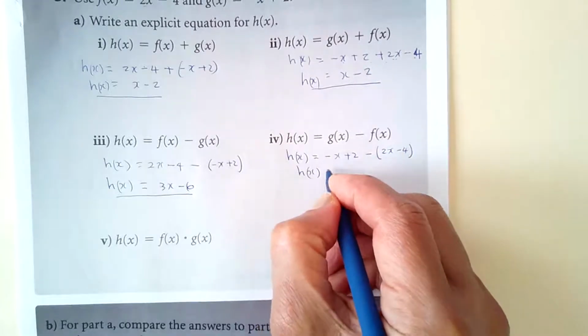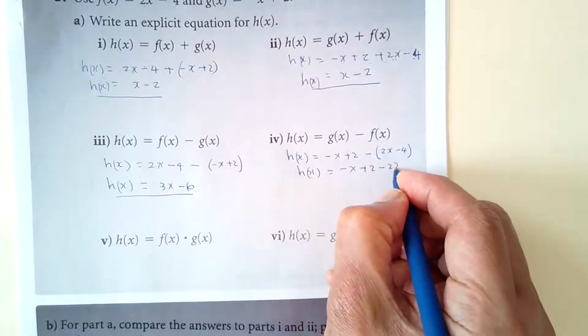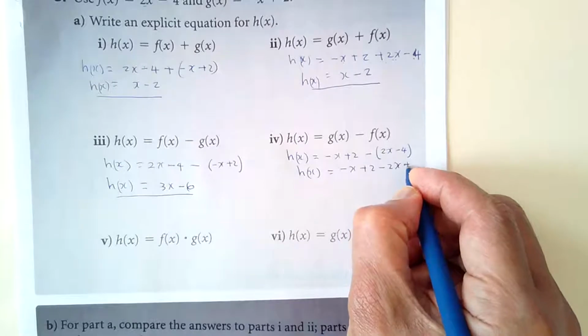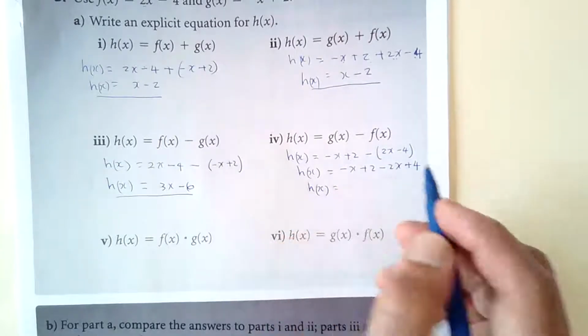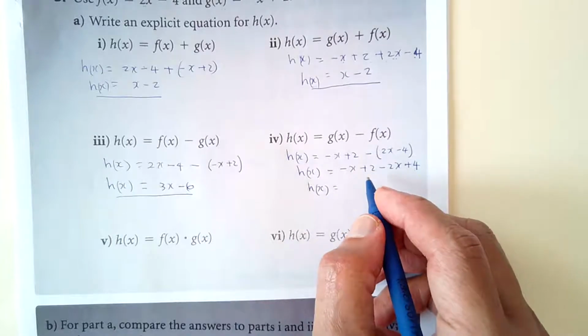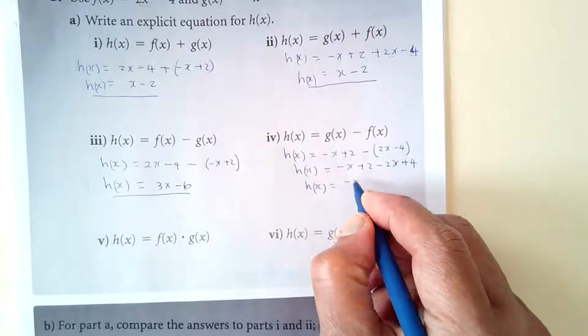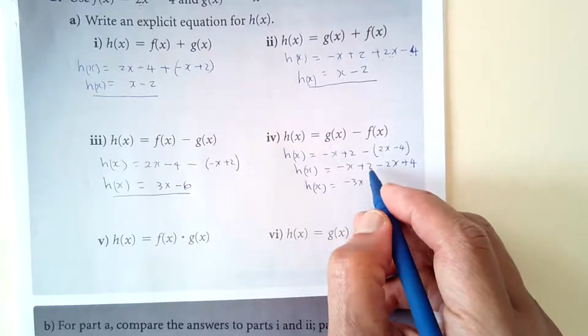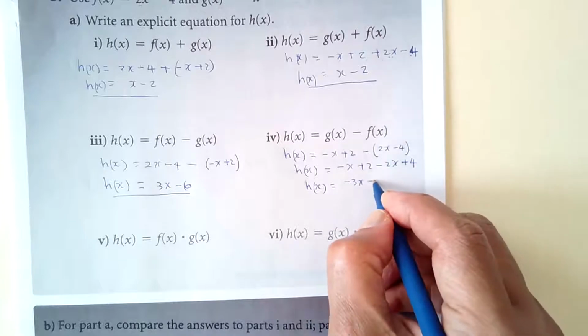So expanding, we have minus x plus 2 minus 2x plus 4. So we have minus 3x, because minus x minus 2x means minus 3x. And we have 2 plus 4 equals 6.